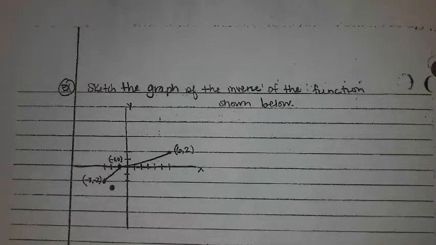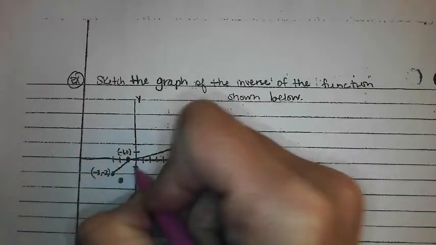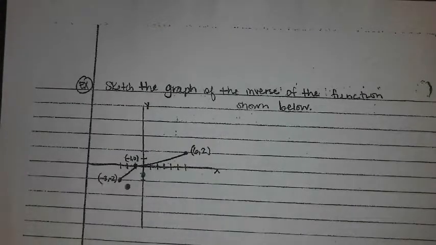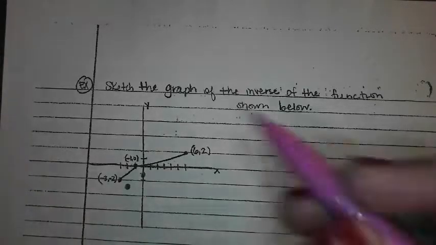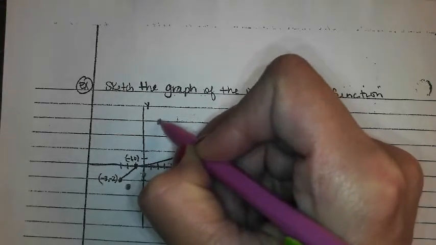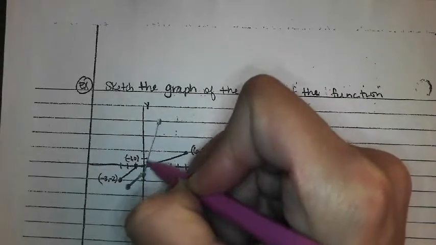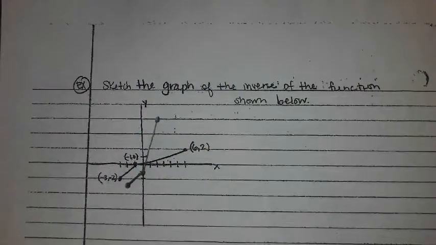What's going to happen to -1, 0, Stephanie? 0, -1. And 6, 2 becomes what, Maria? 2, 6. And then you see the symmetry.